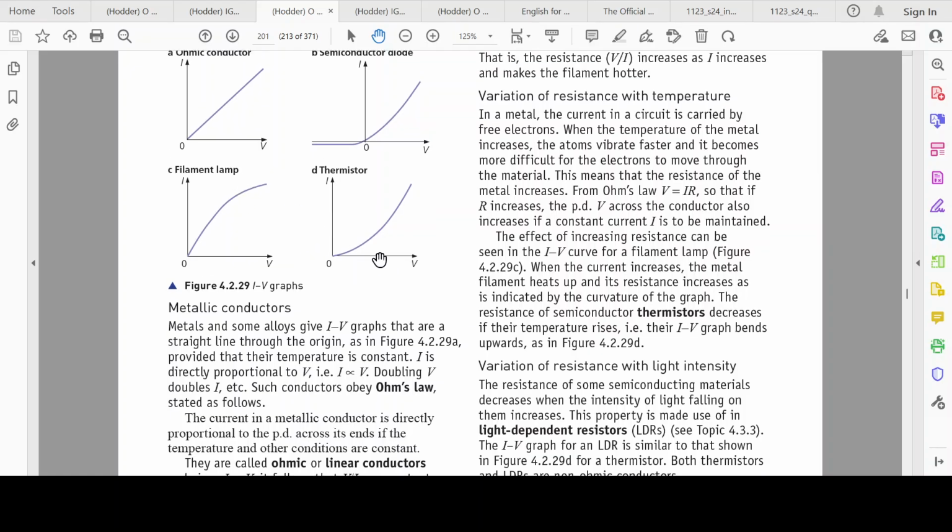In this case, you can see that changes in voltage are producing larger changes in current, right? And the graph is sort of bending upwards. Can you notice that? As it's getting hotter, smaller changes in voltage are producing greater changes in current instead of flattening out.